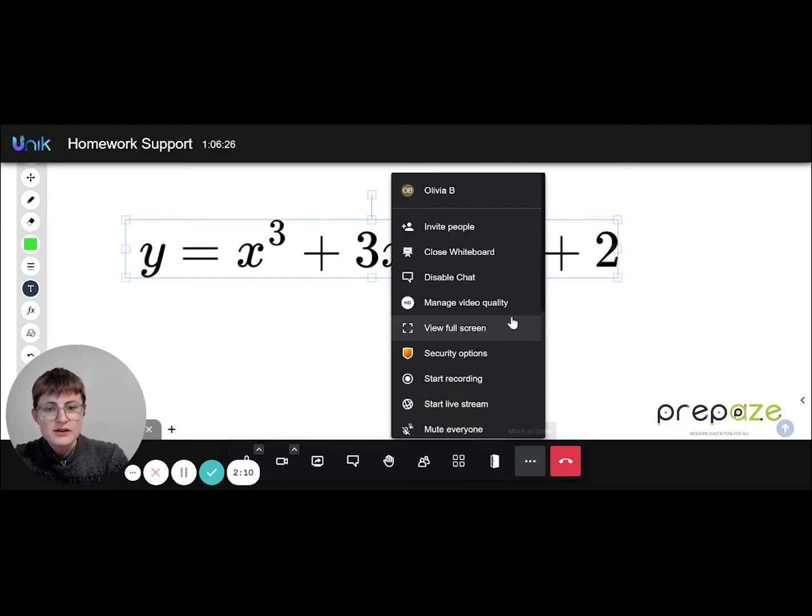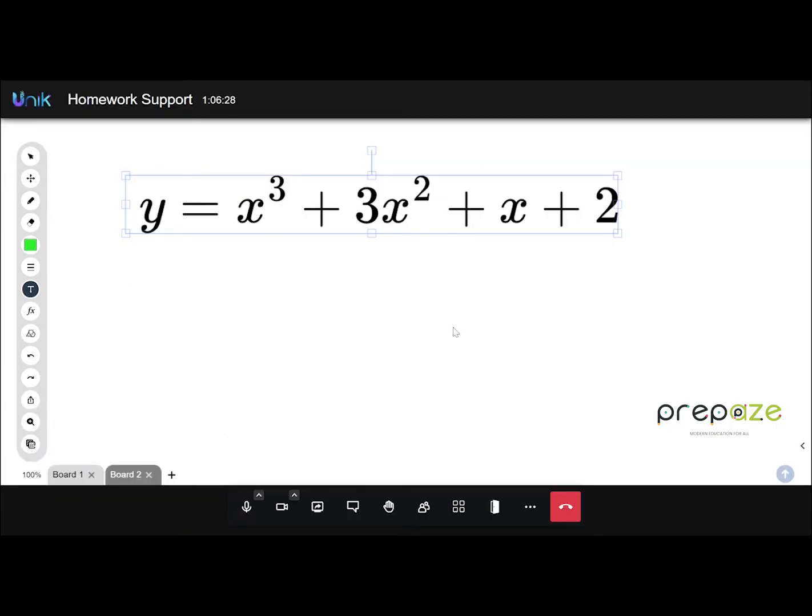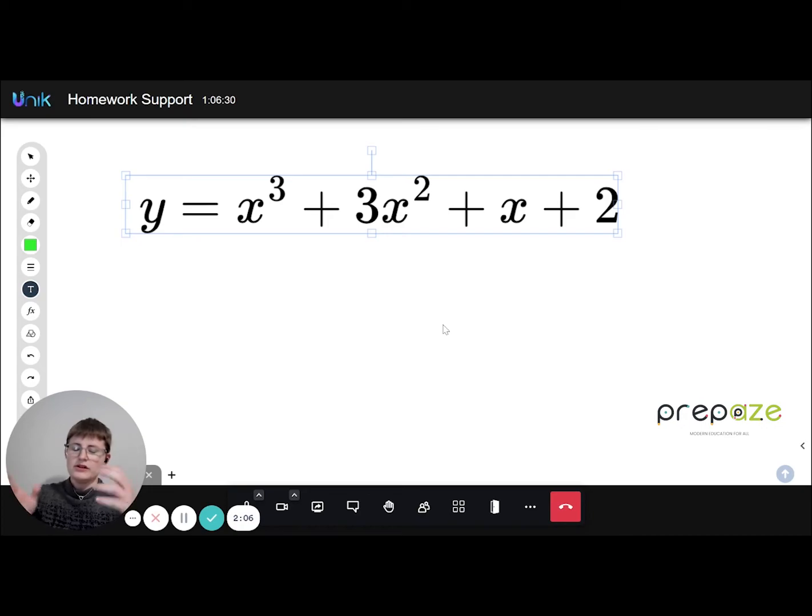The polynomial I have on the screen is going to be a trinomial. The reason I'm calling it a trinomial is because the degree of this function is 3. The largest exponent that we're seeing among our terms is to the 3rd power. Now, standard form of a polynomial is to always track your terms from greatest to least. So you'll see we start with 3, then our next term that we include is the exponent of 2.